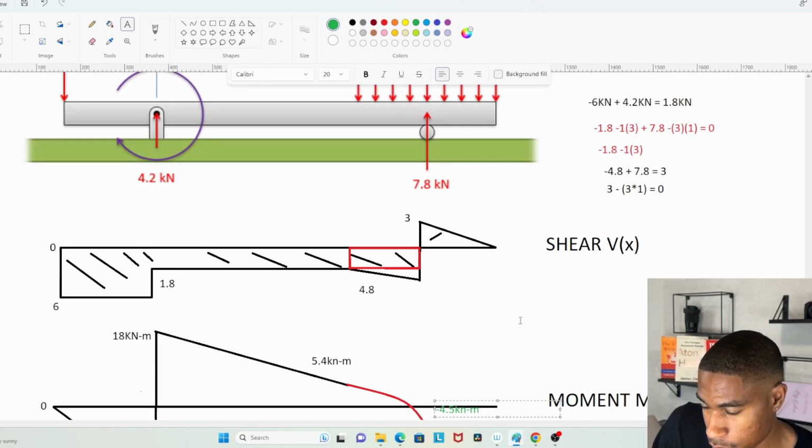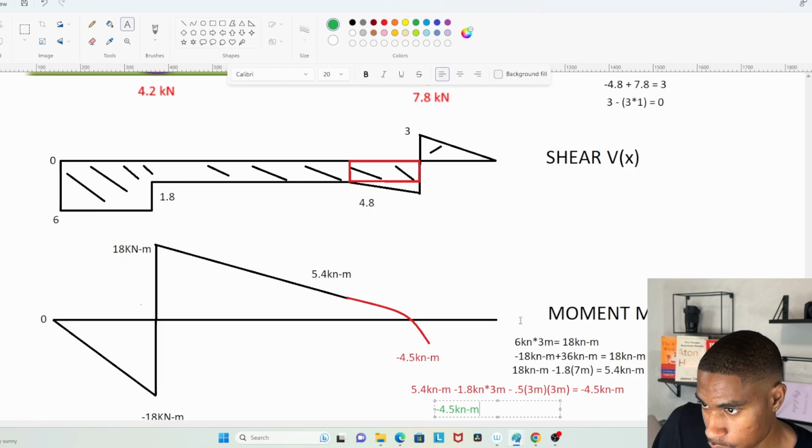And our slope is coming down. This looks like we're going to have some still negative bending. So negative 4.5, and then we're going to add plus, because we have a positive area for our shear.